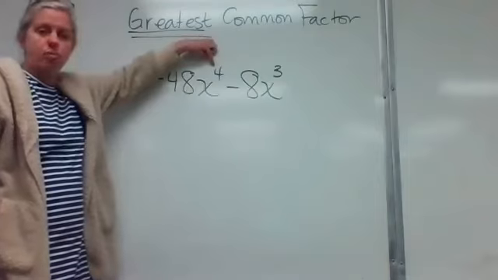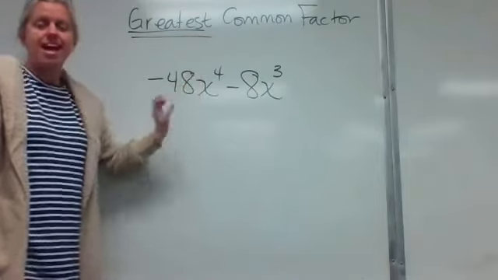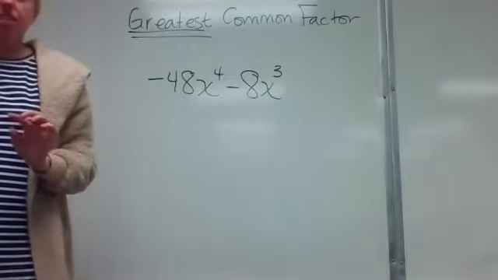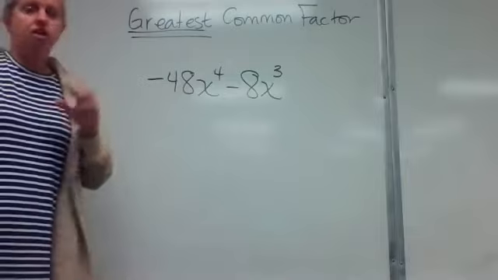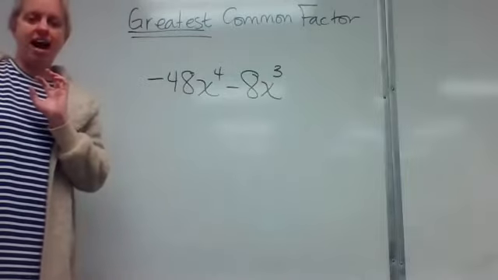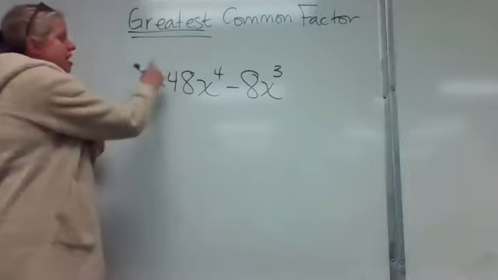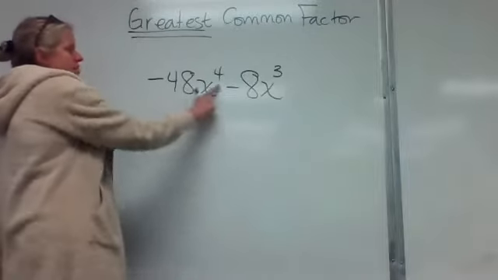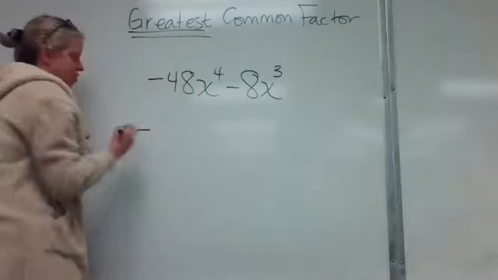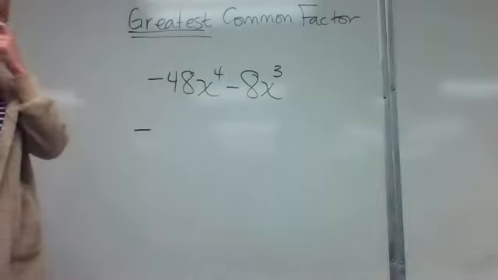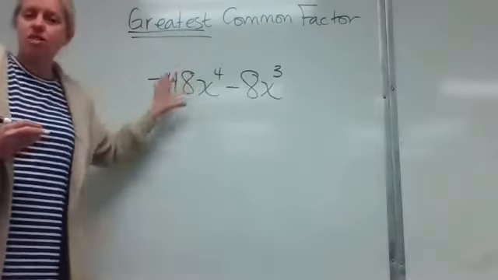You do want your term with the highest exponent to be first, which it is. If that term is negative, you're going to pull the negative out along with whatever else is in common. So I'm going to pull out a negative along with whatever else is in common.